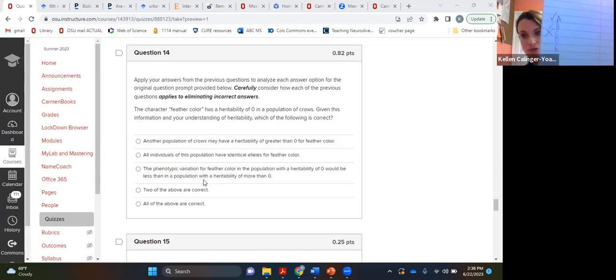Now, if this was just a regular multiple choice question with distinct answer options for everyone, at this point, I would just use this system until I've only got one that I haven't been able to falsify. But this is particularly handy for questions that generally give students a lot of trouble, which is the 2 of the above and the all of the above.